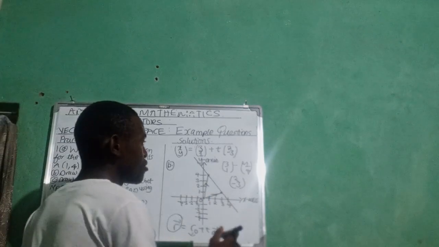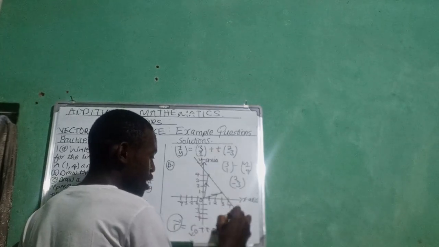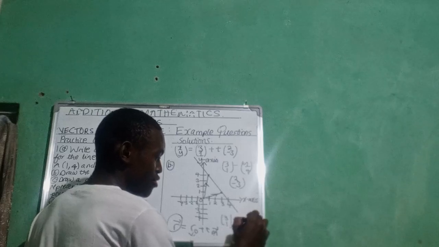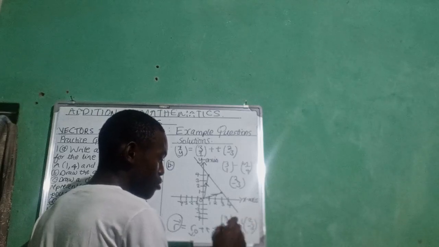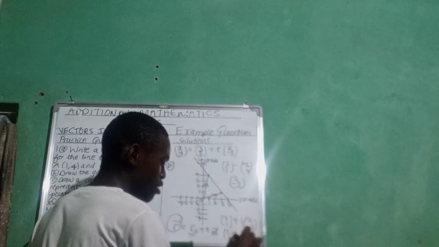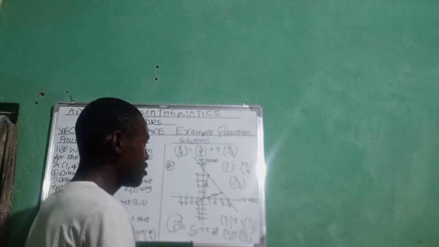Now this direction vector that we are looking at has t equal to 1. So what I mean is, we can have 3, 1 as a coordinate like that, plus t. Now t we know is 1, alright? When t is 1, then we do that. So it will be 3, 1 plus 2, negative 3, right? I don't know if that's clear.